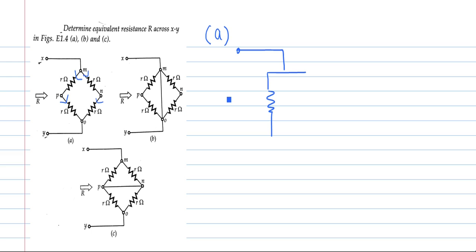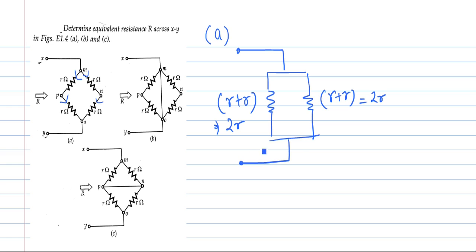These two resistances are connected in series, so it will become R plus R. In a similar manner, these two resistances are connected in series, so it will become R plus R. That is giving 2R. Here also we will get 2R. So now, again this circuit will be converted in this form.